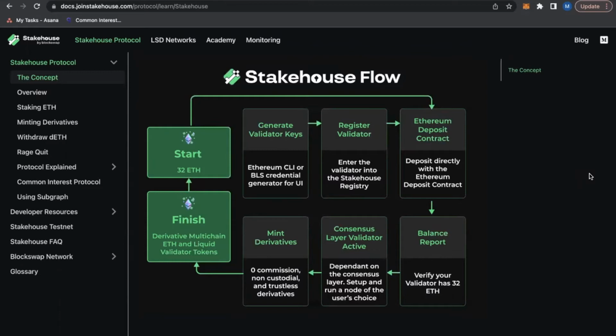As long as you can access an Ethereum consensus layer node, you can fetch data from it and show the contract, hey, look, my validator is activated. So it's a self-reporting mechanism. There is no third-party reliance on the minting of your own asset, and no liquidity required or anything of that nature.